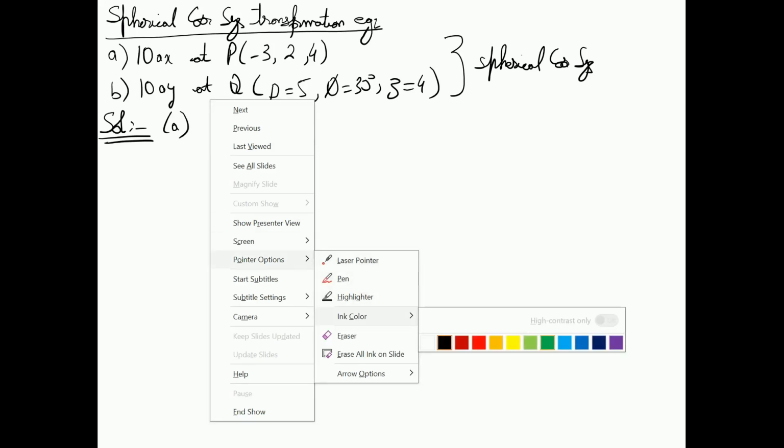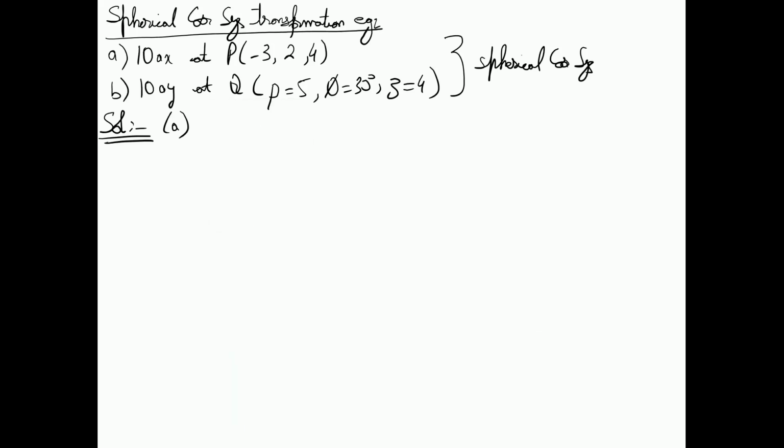So in order to convert this, what do we have? For part A, if we go for the steps method, for the spherical coordinate system, we need to find A of r, A of theta, and A of phi. So these are the three things that we need to find. How can we find it?